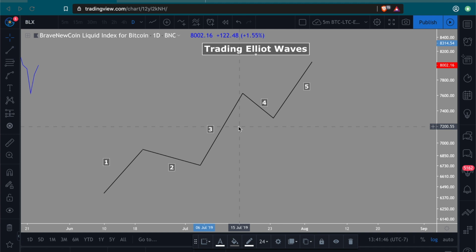Elliott. He was actually an accountant, but he analyzed 75 years of stock and market data in a span of a few years, and he started to realize that prices actually move in patterns and cycles.